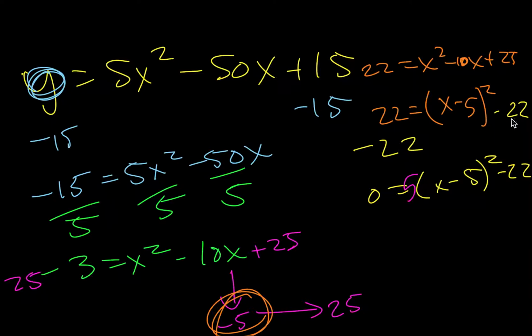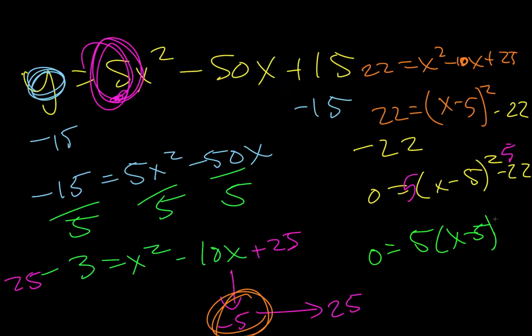So we subtract the 22 over here, and we have this. But whatever our leading coefficient was, in this case 5, we need to multiply everything by 5. So we multiply both pieces right here by 5, and so our final answer is going to be 0 equals 5 times x minus 5 squared minus 110.